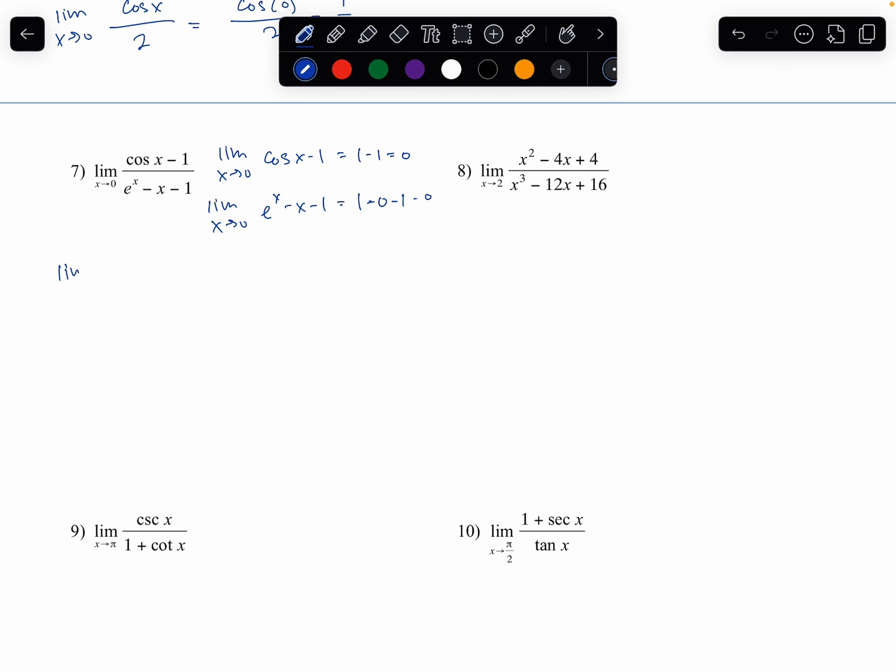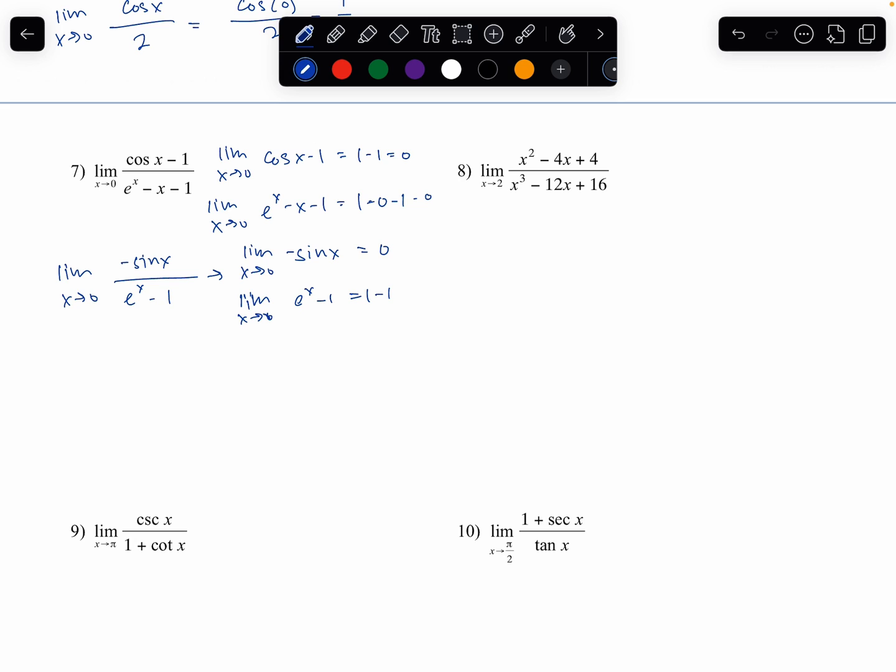So use L'Hopital's rule, the limit as x approaches 0, and the derivative of cosine is negative sine of x over the derivative of e to the x minus 1, which is e to the x. And then I think we're going to need L'Hopital's rule again, so let's check. The limit as x approaches 0 of negative sine of x is going to be 0. And the limit as x approaches 0 of e to the x is 1, so we get 0 on the bottom as well.